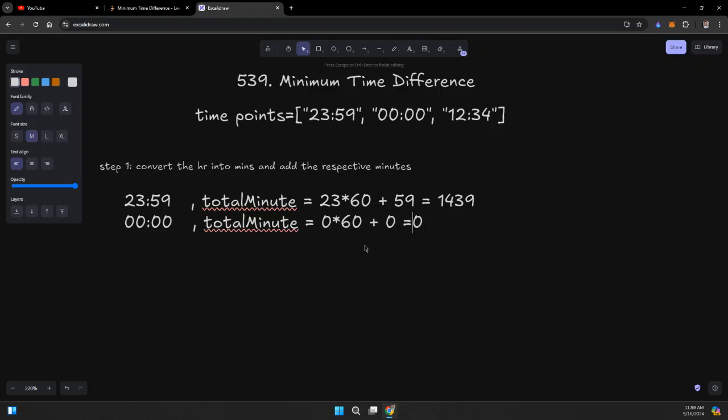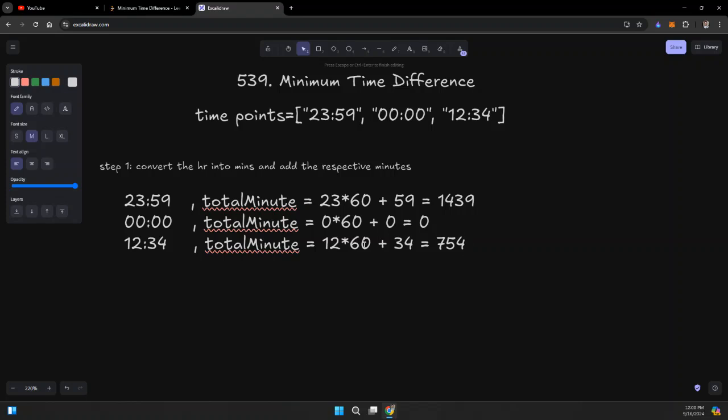Moving on to the third iteration, here it is 12:34. Again, total minutes is equal to 12 into 60 plus 34, which will be equal to 754. This was step one.